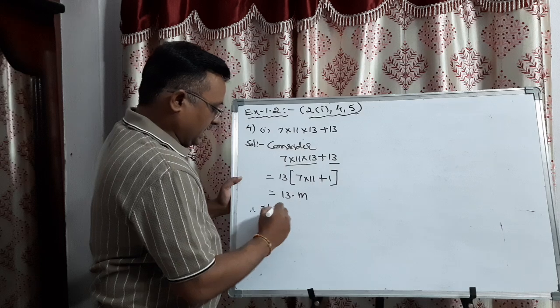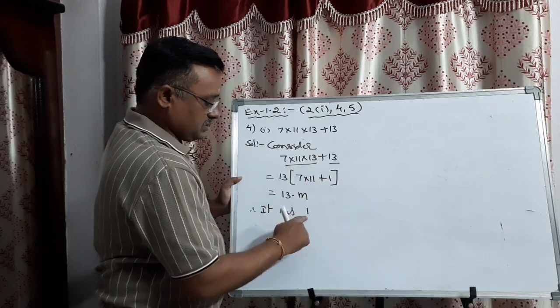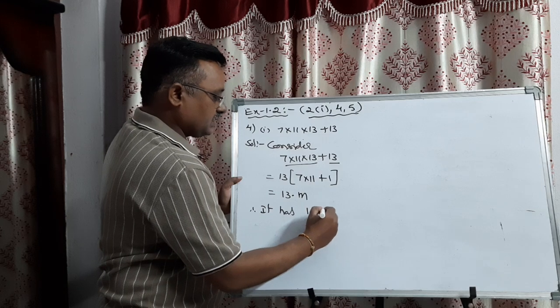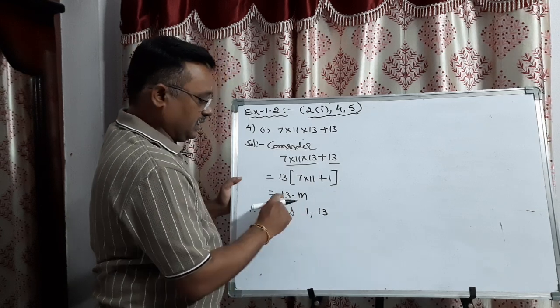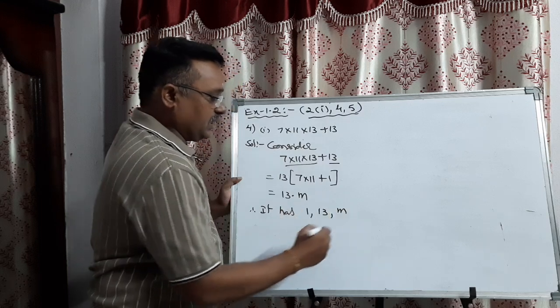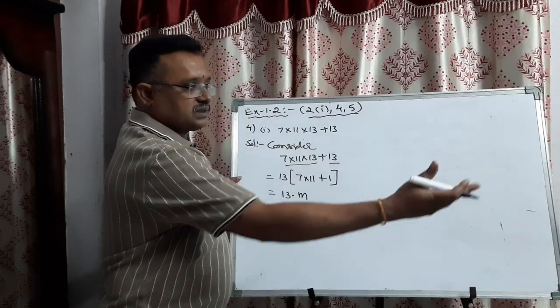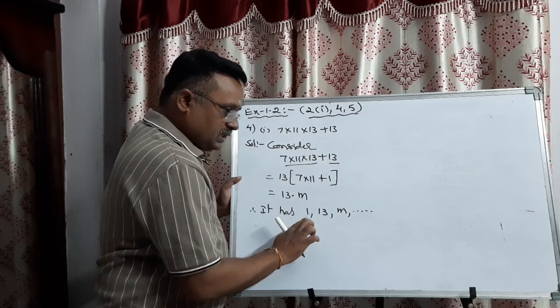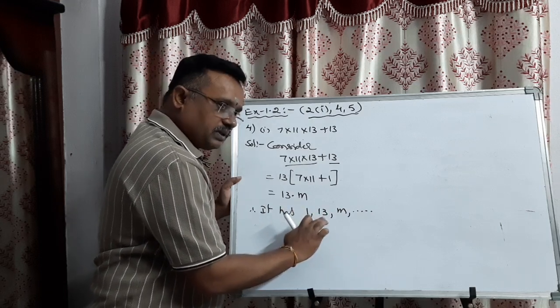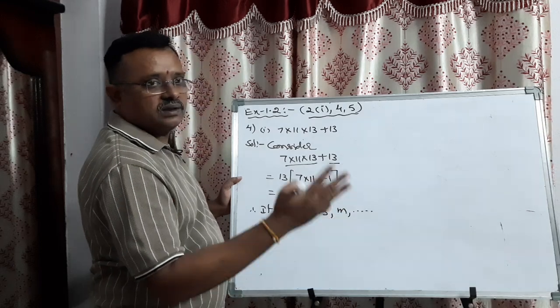Therefore, it has 1 as a factor, the common taken number 13 as a factor, the remaining product m as a factor, and there may be some others too. So 1 is compulsory, the common taken number 13 is compulsory and its product m is a compulsory factor.